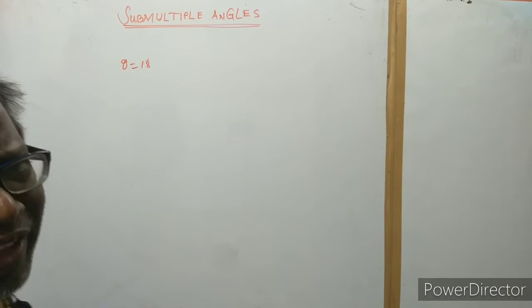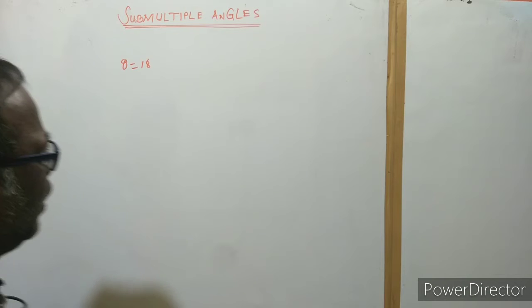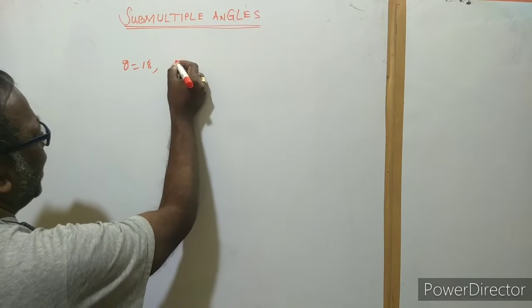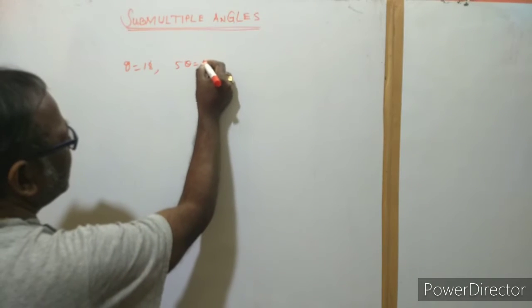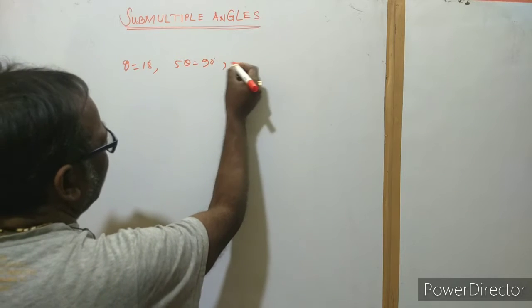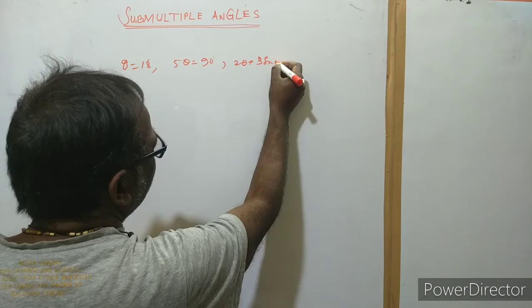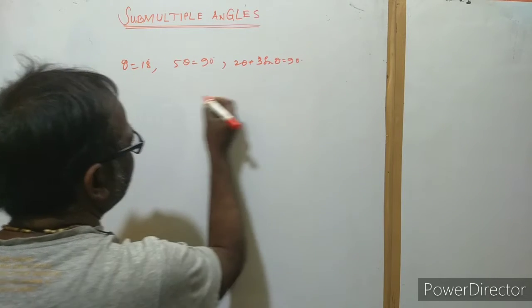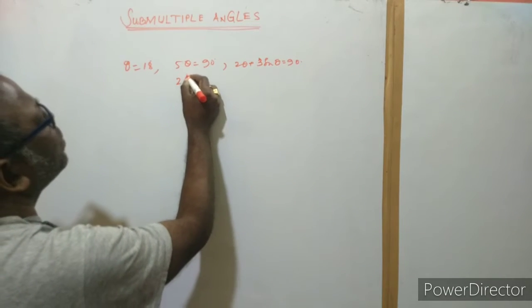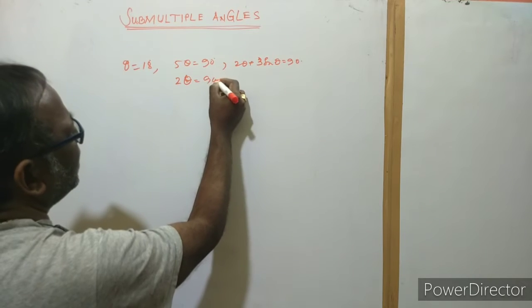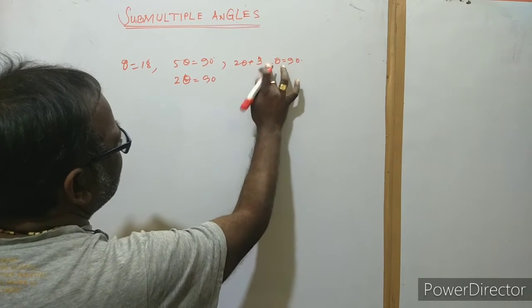So these are all the angles that are multiples of 18. See, if we multiply by 5, then what happens here? This is 90 degrees, and this is 2 theta plus 3 theta equal to 90. So this is 2 theta, and this is 90 degrees minus 3 theta.